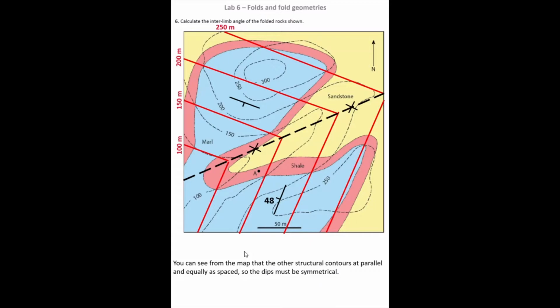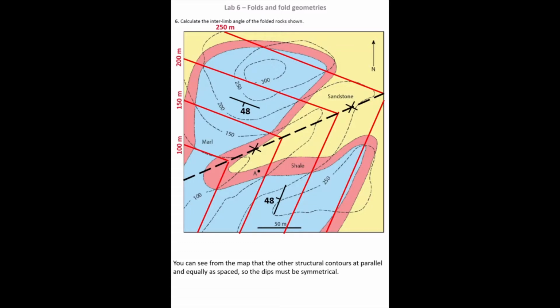Now you can see from the map on the other side of the fold hinge, on the other limb, those structural contours are equally spaced. They're kind of the mirror image of the structural contours we've just used. So we know just from that pattern of the structural contours that the dip of the other limb on the other side of the hinge must also be 48, albeit in the opposite direction, or in the synform direction.